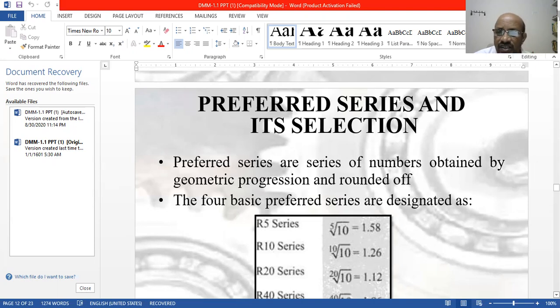Suppose one machine produces 8 kilowatt of power. Then other sizes of that machine will work efficiently, but with a minimum number of sizes.